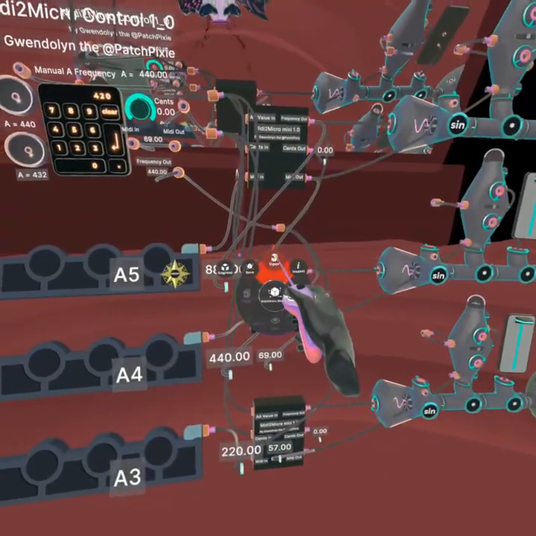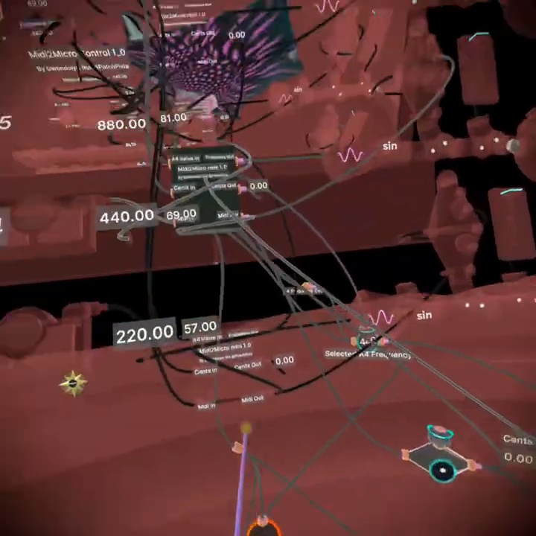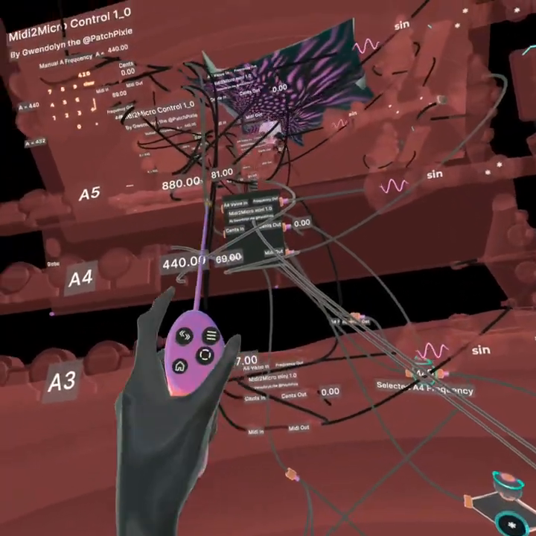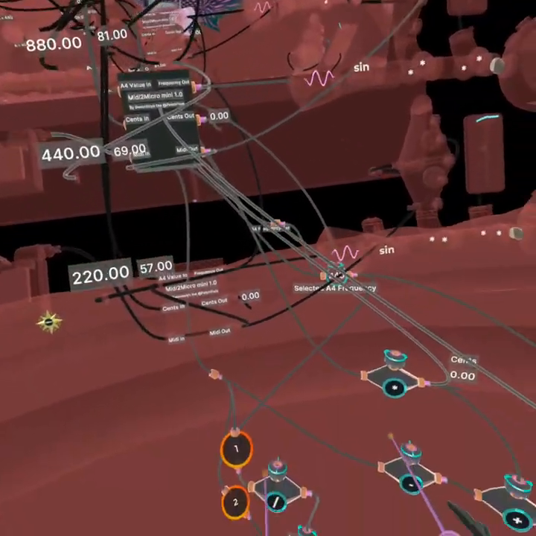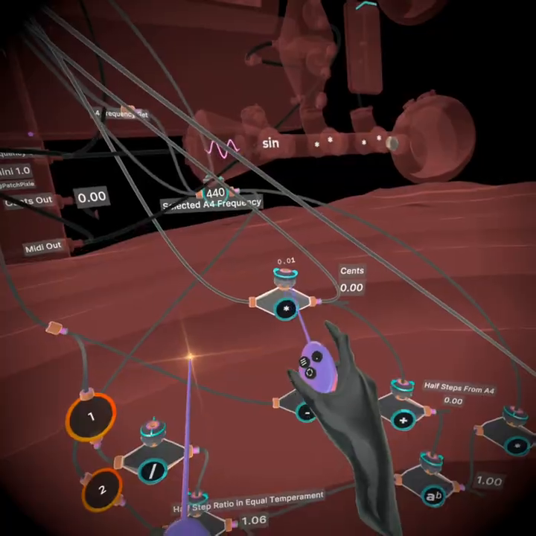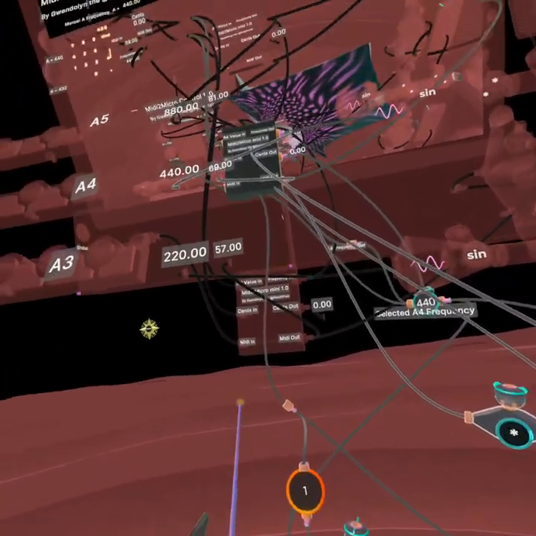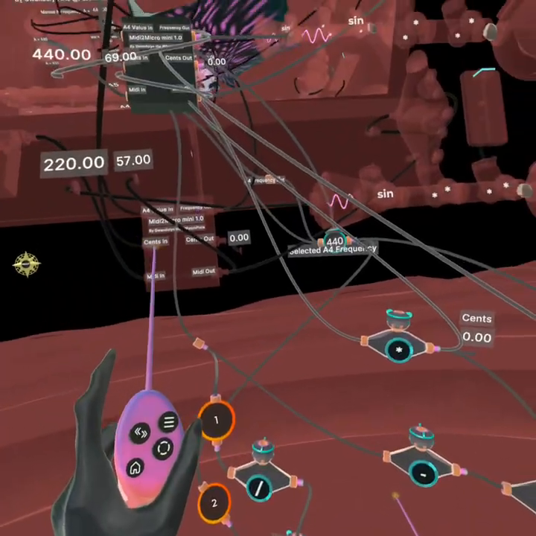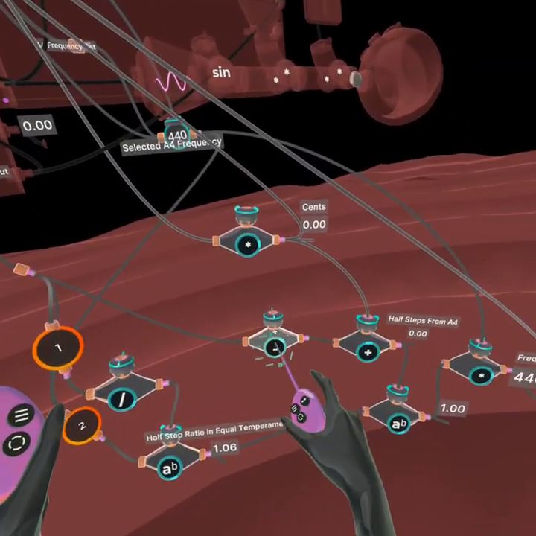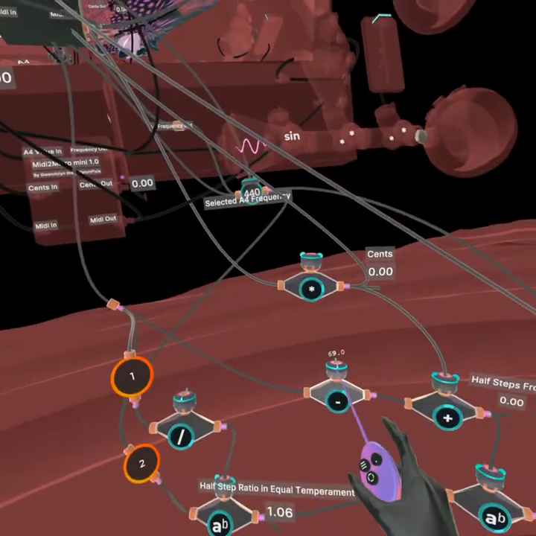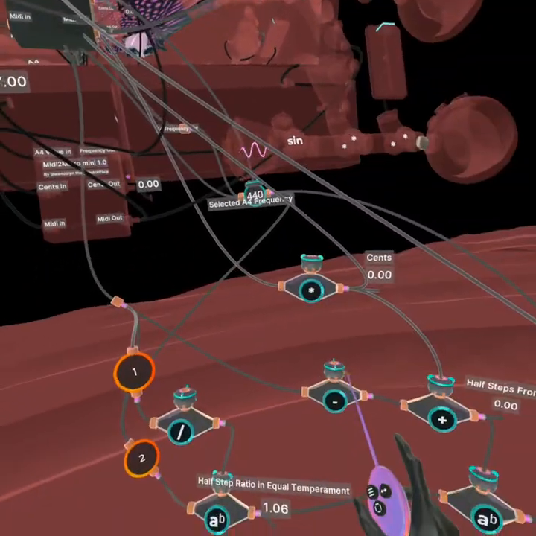So the initial frequency value comes in here. The cents, however many cents, come in here, and it multiplies it by 0.1. Then our MIDI number comes in and is subtracted by 69, because A is 69, and we want A to be 0, because we don't want it to be affected.